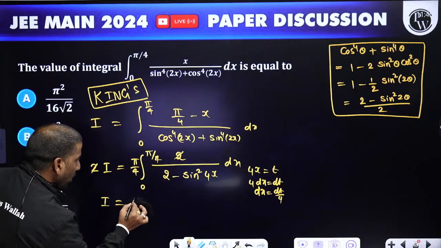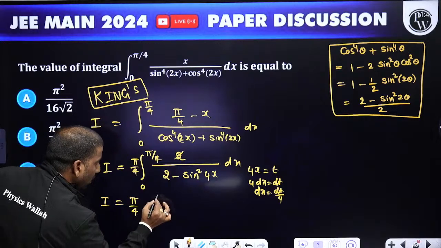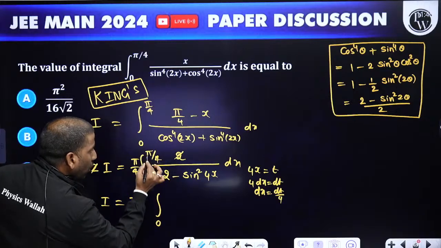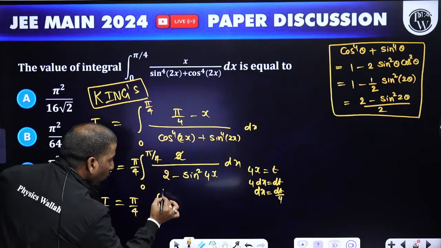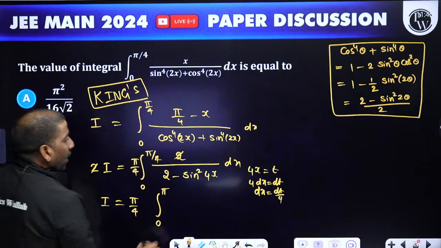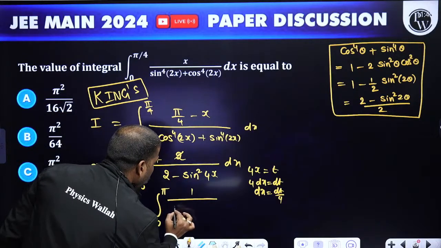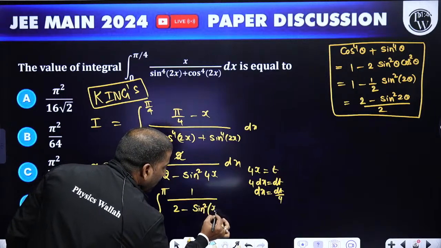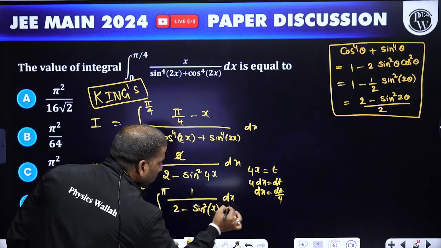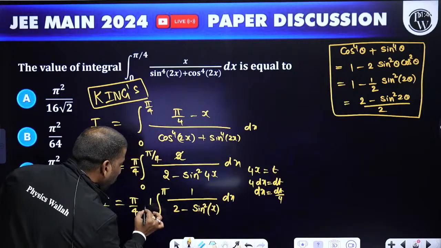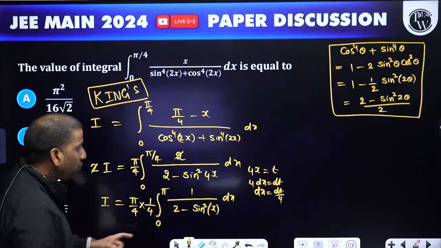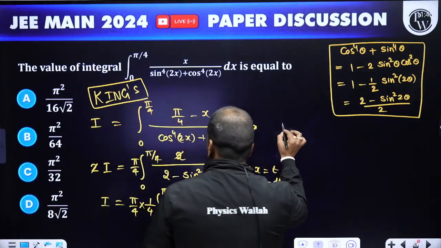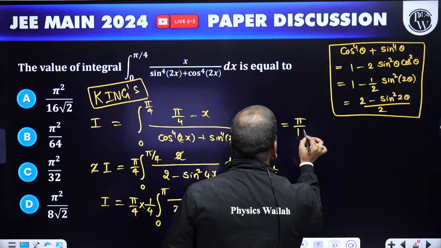I is equal to pi by 4 times integral. I want to multiply this by 4, so this is pi by 4 into 4, it will become pi. Next, 1 by 2 minus, inside you divide it by 4, so that is 4x by 4, dx. When we are dividing by 4, we would get 1 by 4. So that means this is equal to pi by 16.